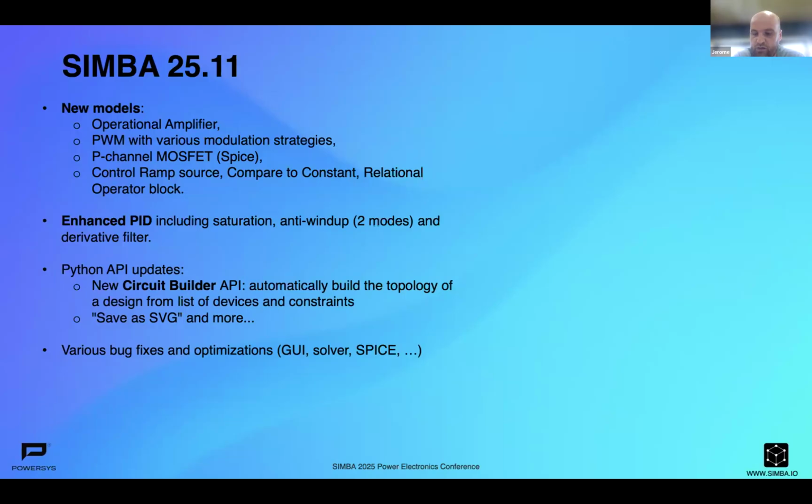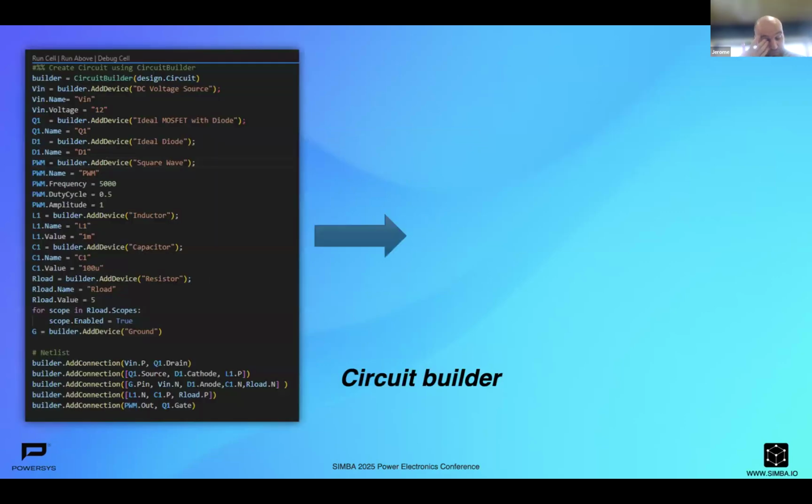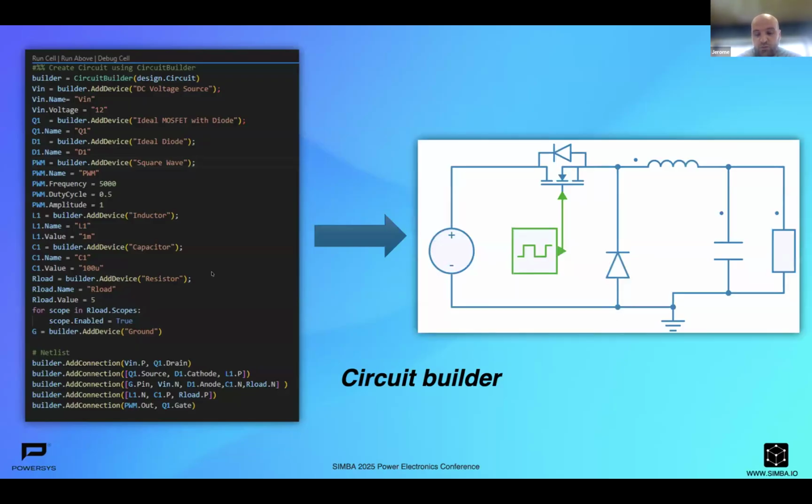In addition, our Python API has been updated with new functions. For example, you can now export images of your designs via Python, for documentation or reporting. This release also includes a new circuit builder API in Python. This circuit builder allows you to automatically build circuits from a list of devices and constraints.